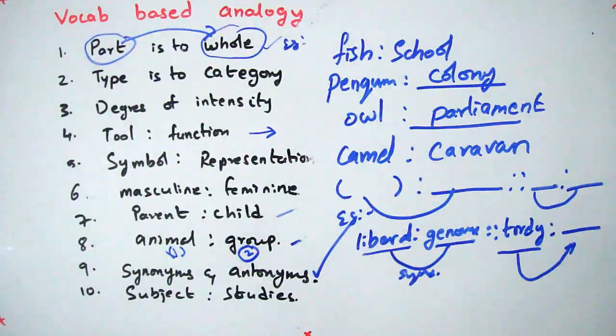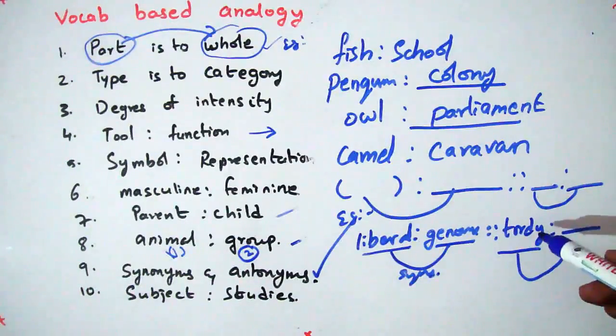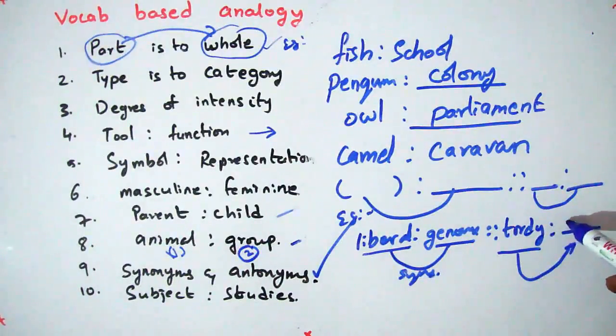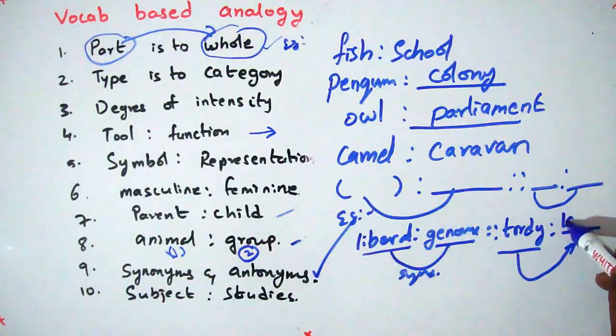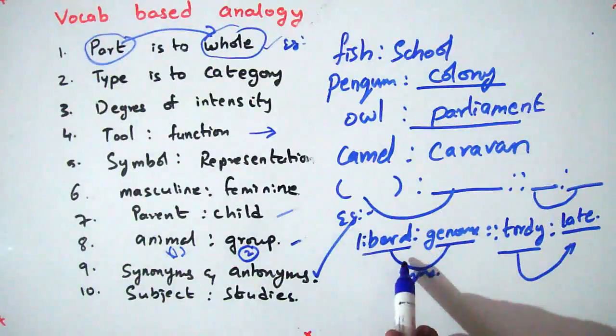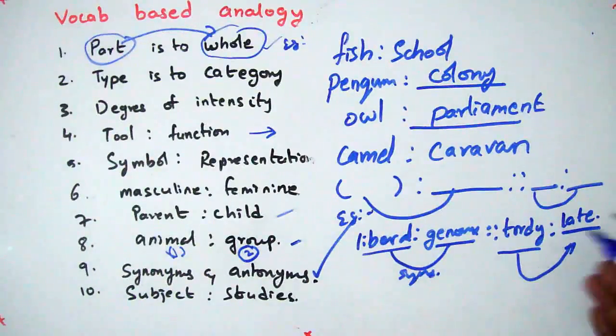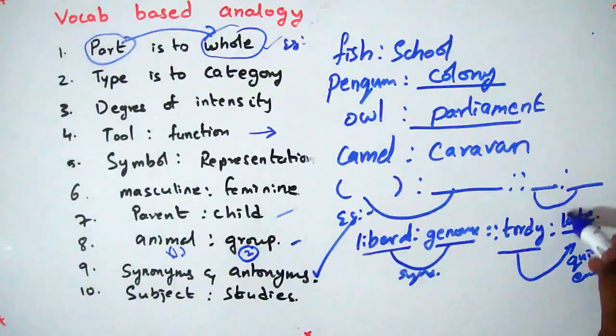Any work which is delayed, that behavior is called tardy, friends. Within the options, you have to take the nearest answer for late or delay. Since liberal and generous are synonyms in nature, there will also be such an answer in the options. There will be quick or early, late. In that way, you have to pick the synonym, friends, and not the antonym.